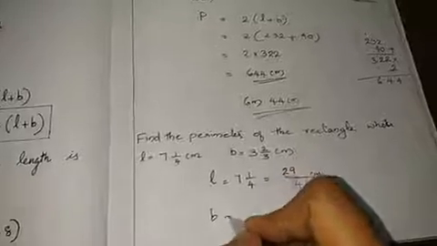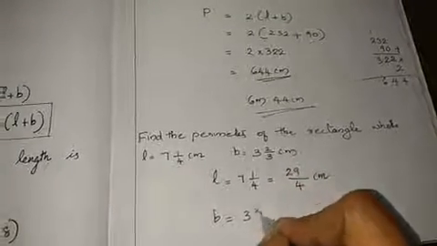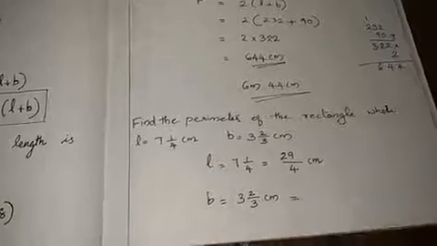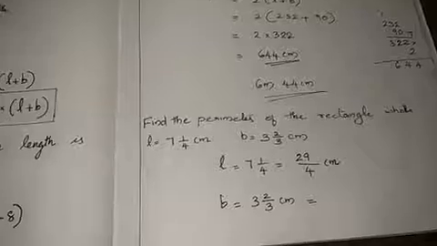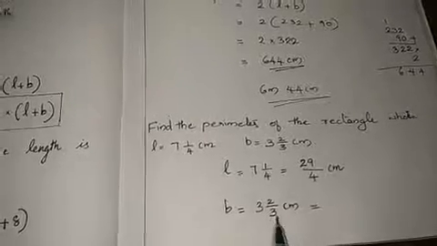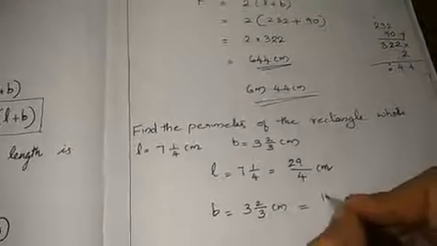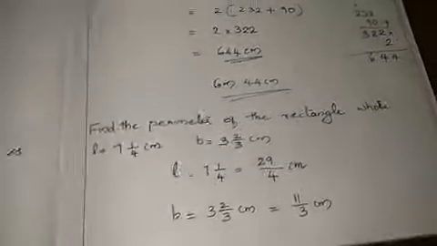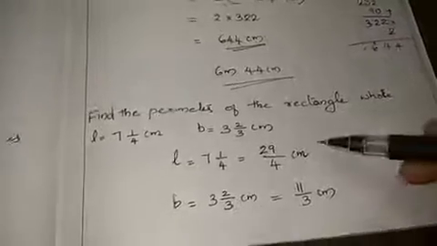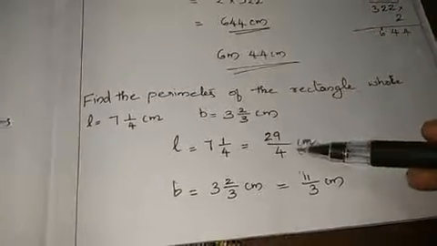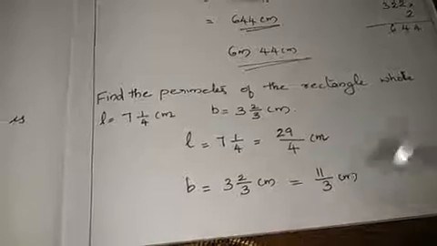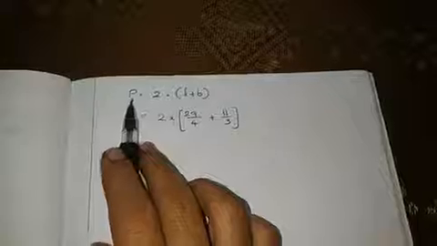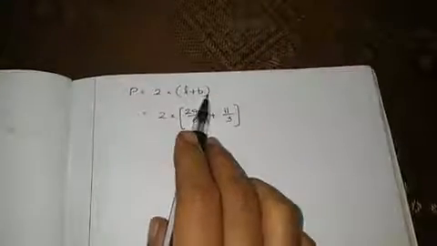Now breadth is equal to 3 2 by 3 centimeter. So 3 2 by 3 also a mixed fraction. Convert into improper. 3 into 3, 9. 9 plus 2, 11 by 3 centimeter. Now we have two improper fractions. Length is equal to 29 by 4. Breadth is equal to 11 by 3. We are going to find out the perimeter. Perimeter equal to 2 into (L plus B).